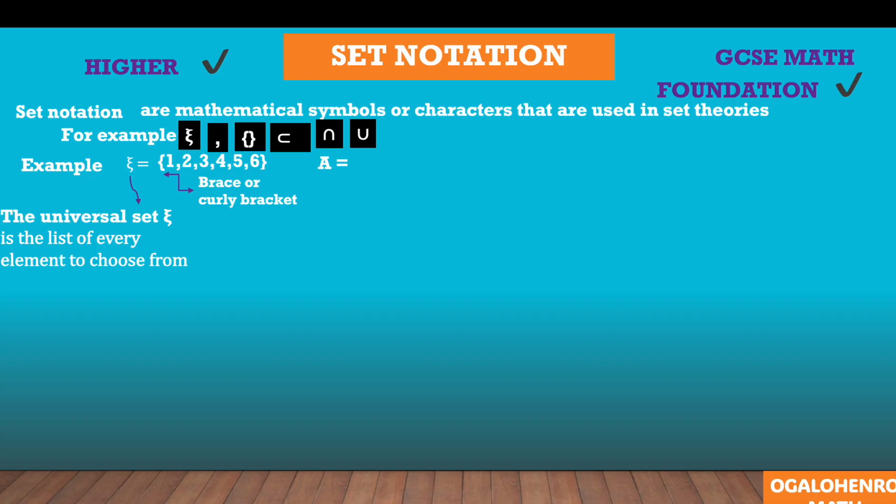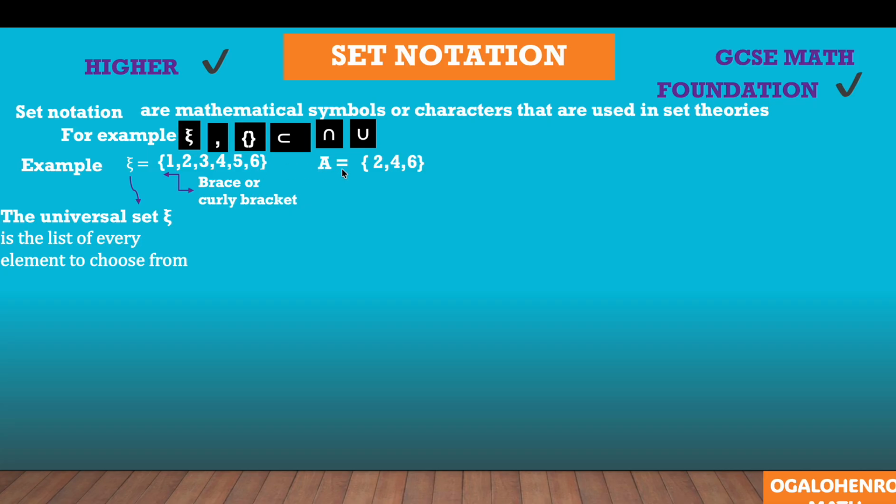So let's look at even numbers divisible by 2, for example. What are they? We have got 2, 4, 6 being chosen from our universal set here. Look at my mouse here. So I've picked 2, 4, and 6.